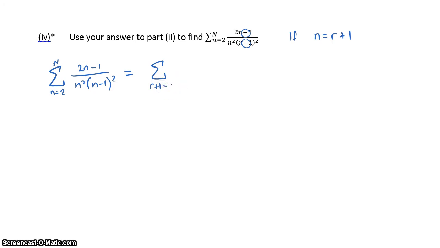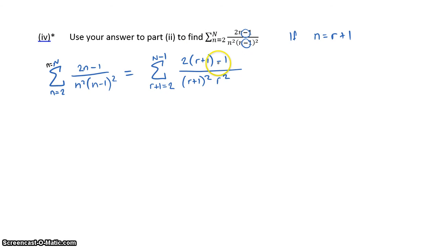So from r plus 1 equals 2, and implicitly in here, it's never written, but this is always n equals to capital N. So the top line, it stays as 2, and then I see an n, so I write r plus 1 minus 1, over, I see an n squared, so I write r plus 1 squared, n minus 1, that's just going to be r squared.